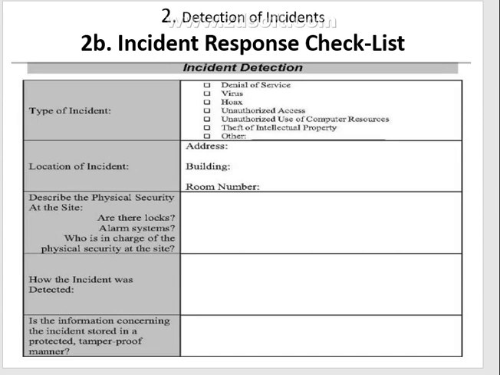So we're basically saying a complex checklist is going to have an in-depth level of information.